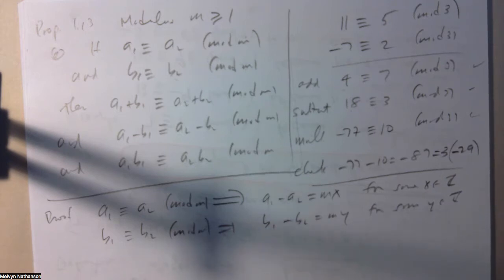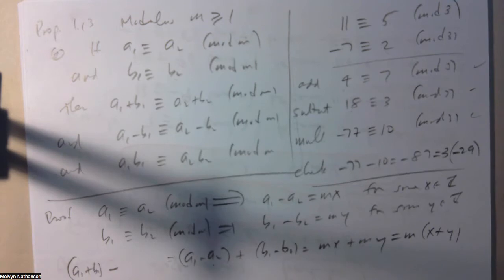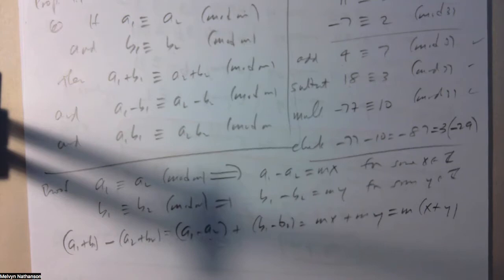So if we add, we get a1 minus a2 plus b1 minus b2 is mx plus my. On the right, mx plus my, you can factor out the m: m times x plus y. And on the left, I can rearrange this. This is a1 plus b1 minus a2 plus b2.